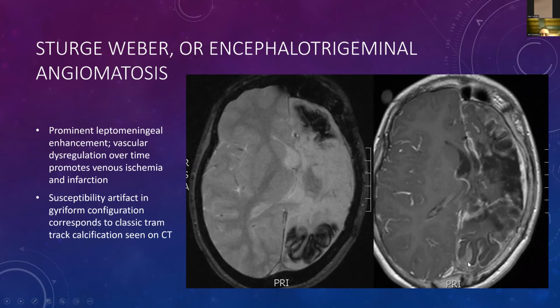You have generalized atrophy of one side of the cortex, and a right to left midline shift. On MR, you'll see susceptibility artifact corresponding to calcification of the gyri, which represents that classic tram track calcification described on CT.